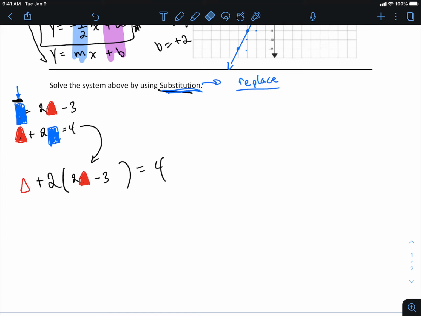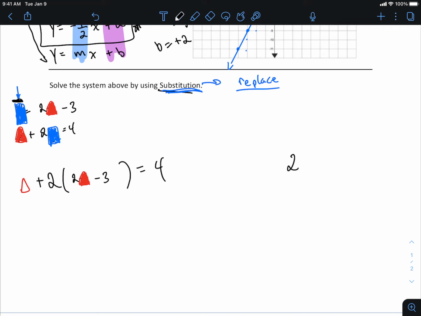But if you guys think back to one of the very early days, actually it might have been last Friday, when we were doing the expansion and collecting like terms, you now just have 2 things there, right? It looks like I have some red triangles that I can clean up, and I'm just going to have some numbers that I can clean up, right? But first, I have to get rid of these brackets that are sitting here, right? So I'm going to have to do our expansion, right?